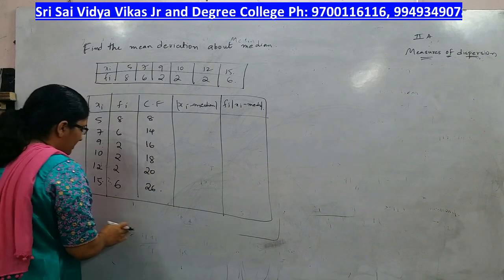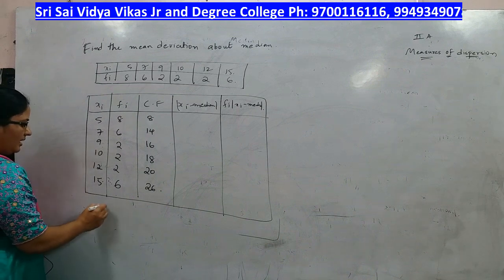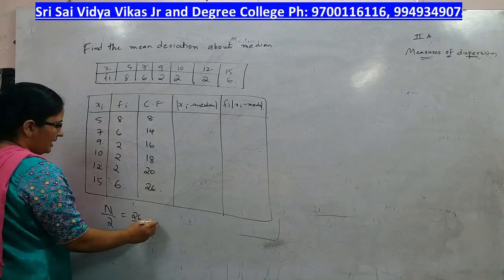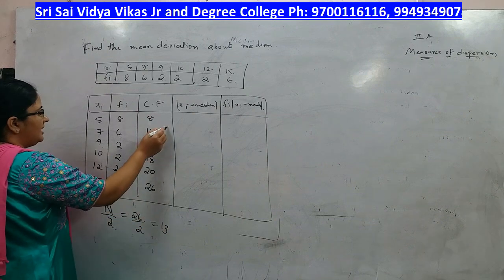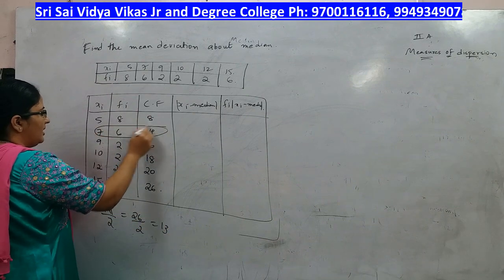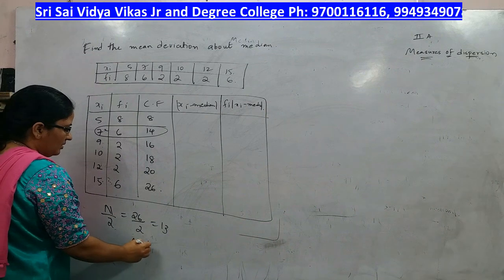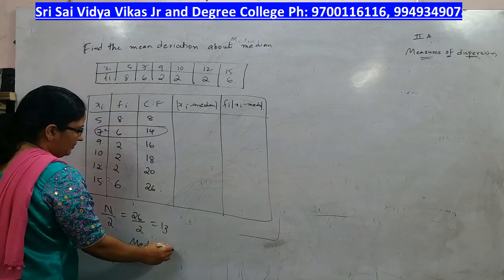Xi minus median. First of all, we have to find median here. Find n by 2. N by 2 is 26 by 2, which is 13. Value just greater than 13 is 14. So here x value median is equal to 7.